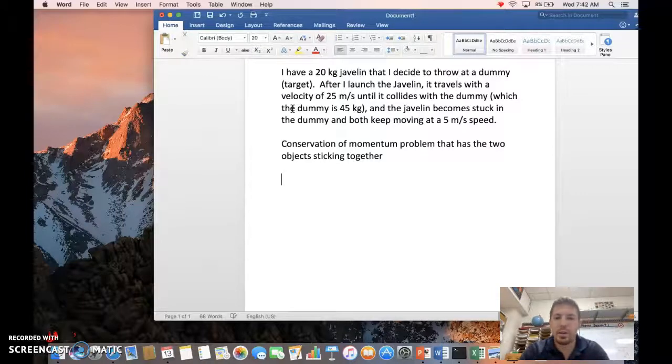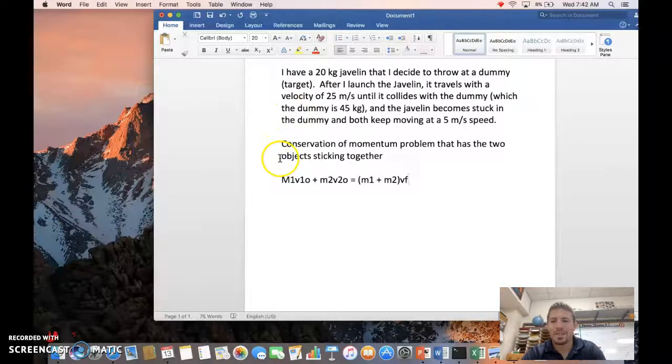And so I'm going to set my equation up where M1 V10 plus M2 V20 is equal to, and this would be the change, M1 plus M2 V final.